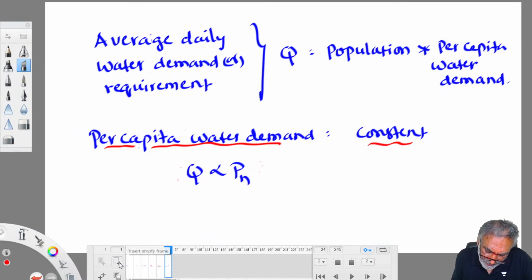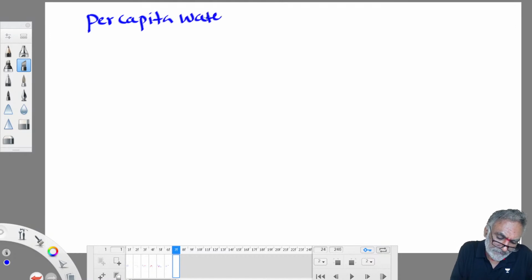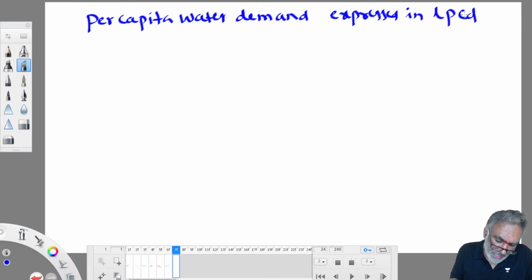to work out this per capita water demand, we have to consider all types of water demands. So per capita water demand is expressed in LPCD. LPCD stands for liters per capita per day, liters per person per day, something like that.